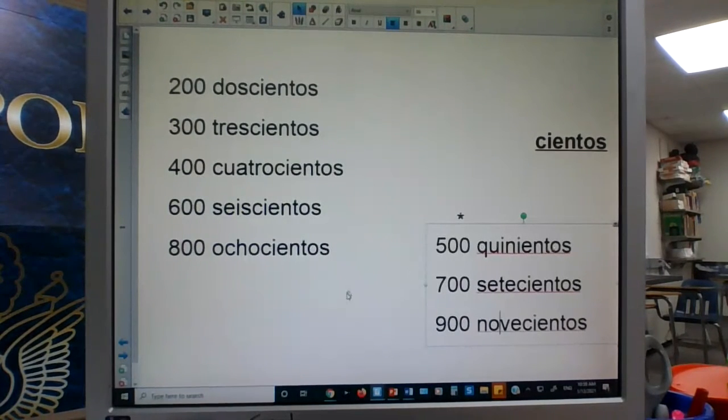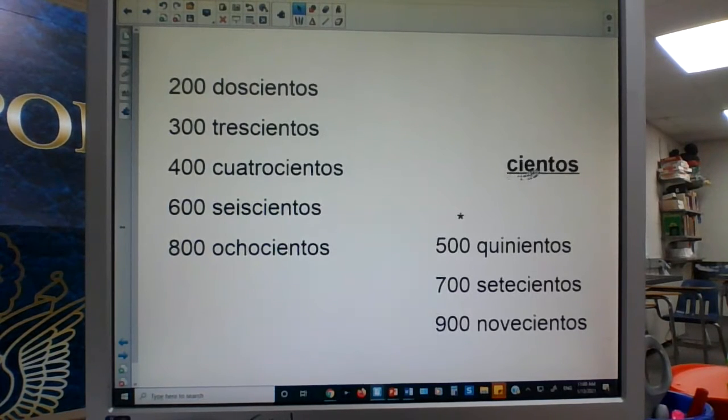Why couldn't we keep it simple? But no, we had to switch it up a little bit. Quinientos is 500. Setecientos is 700. Novecientos is 900. So these are the special guys. But these kind of follow the pattern. You see the pattern? There's a pattern. 200, 300, 400, 600, 800. Now let's go over here. 500, 700, 900. So these are the rules of the cientos, okay?